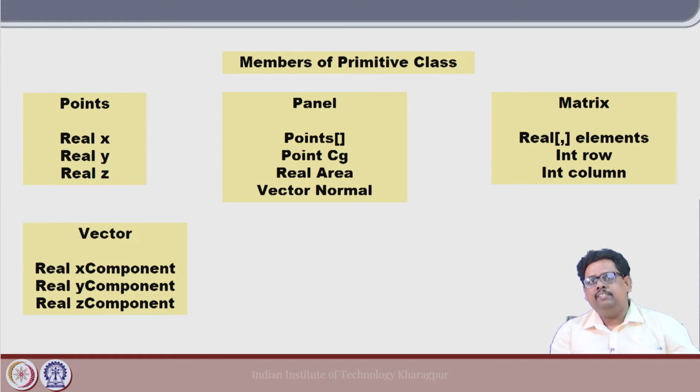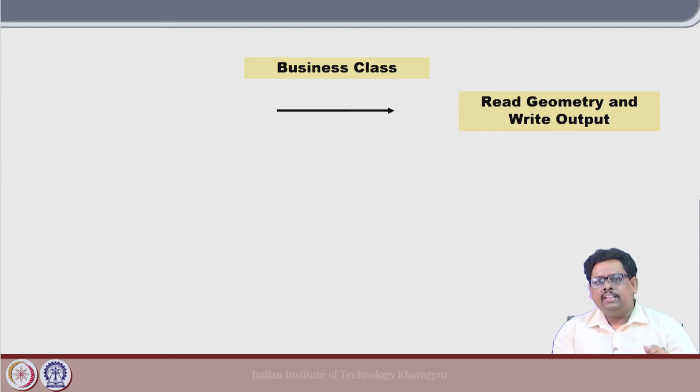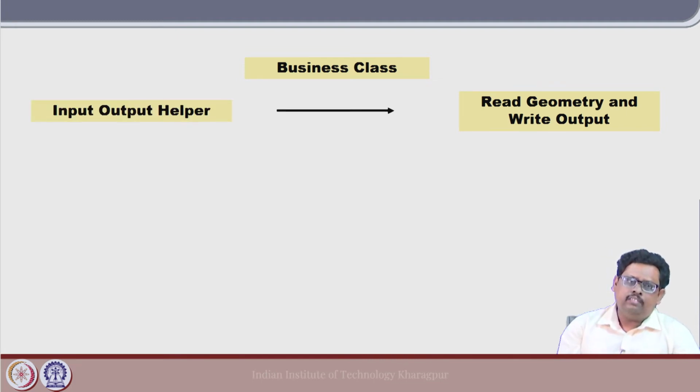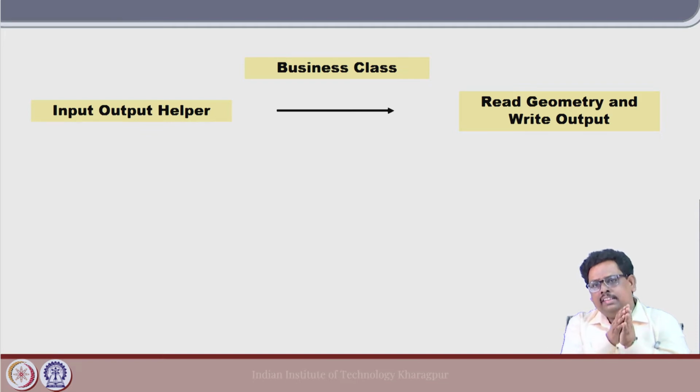Apart from these primitive classes, what more is required is the business class. Now, suppose you need to read the geometry and you need to write the output. So, you need the input output helper to do that, right. So, therefore, this class is not the basic primitive class.